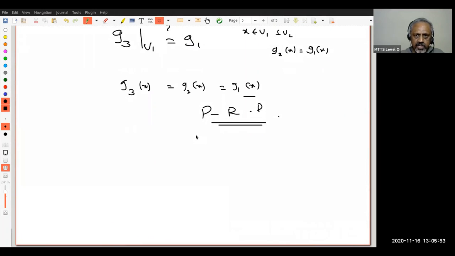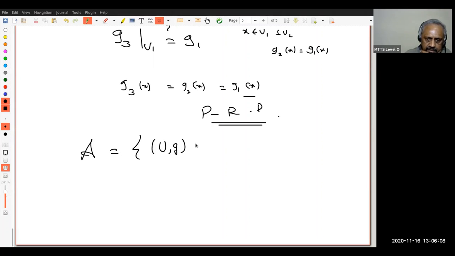Next, I want to apply Zorn's lemma. To apply Zorn's lemma, I have to make sure something. What should I make sure? I have to show something. So let script A be a totally ordered subset of script U. Okay, this is a chain.